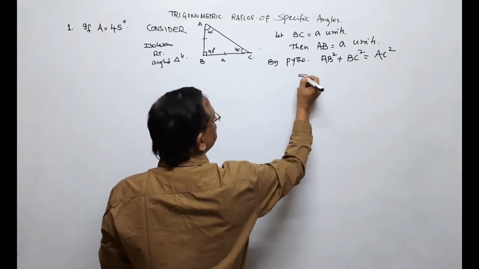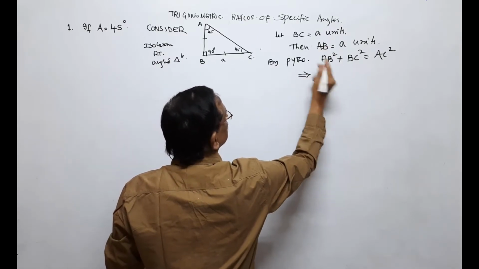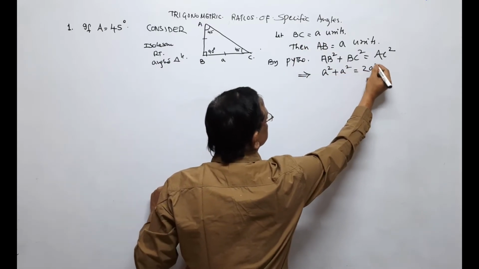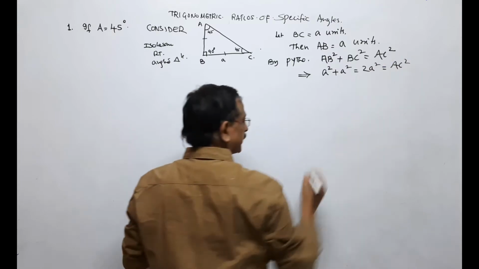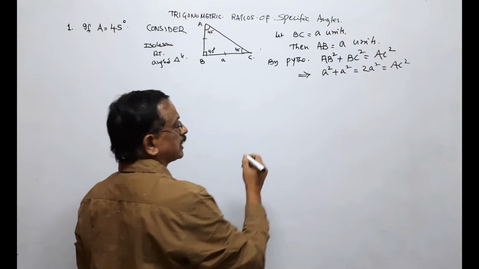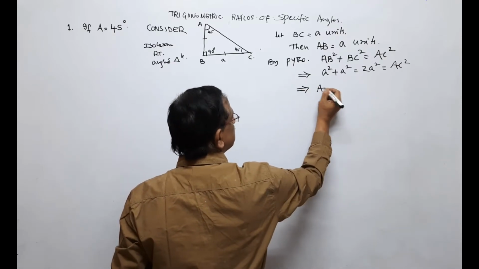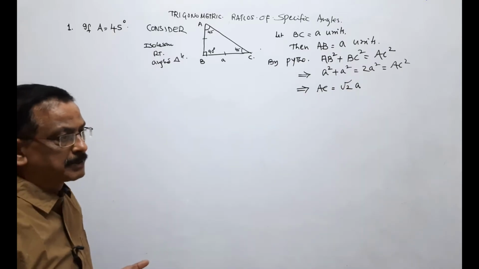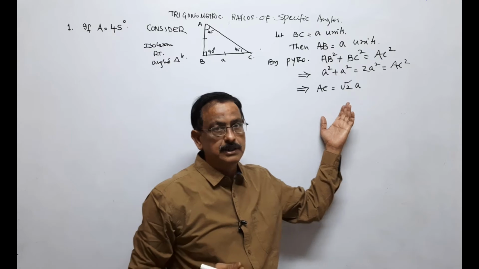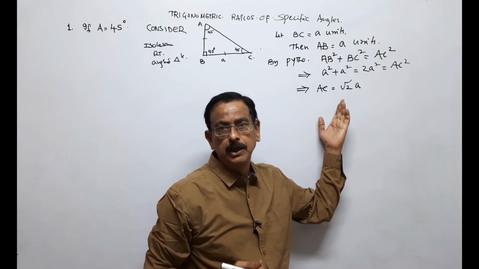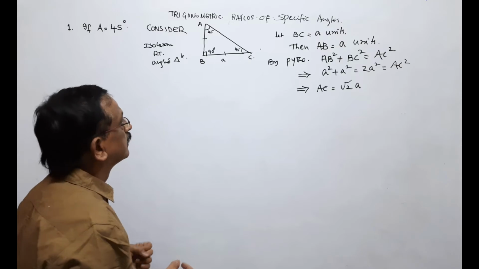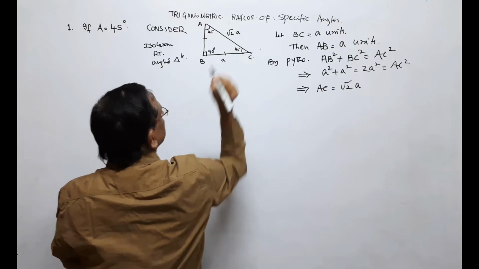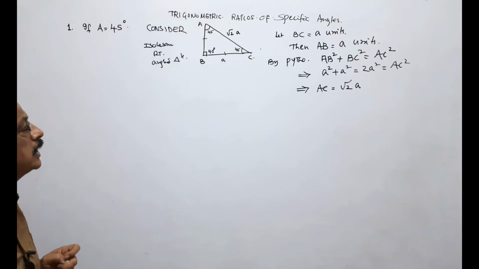But AB is a, BC is a, so a square plus a square, which is 2a square, equals AC square. So AC will be root 2 a, because plus or minus root 2 a, but length is always positive. So the hypotenuse AC is root 2 a.